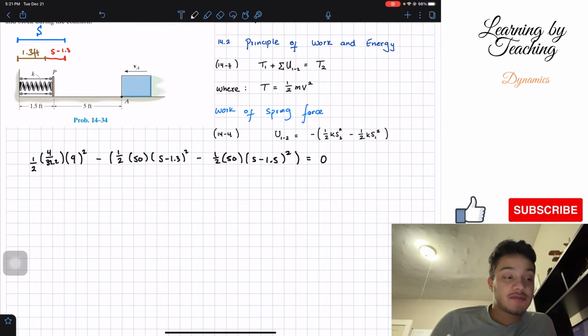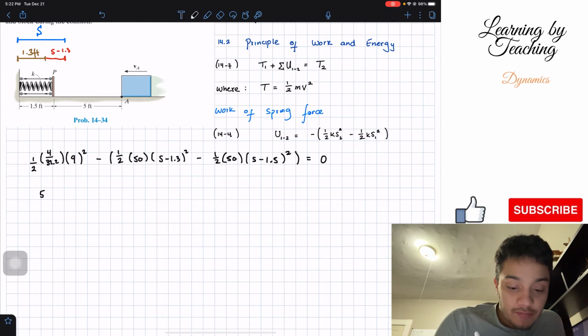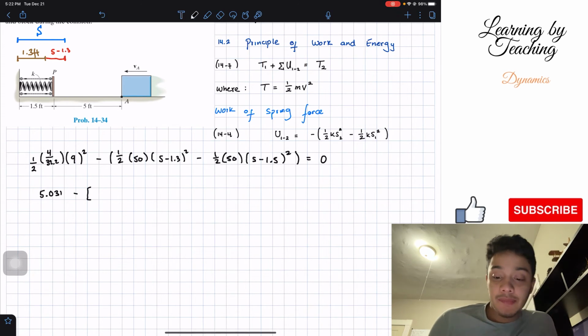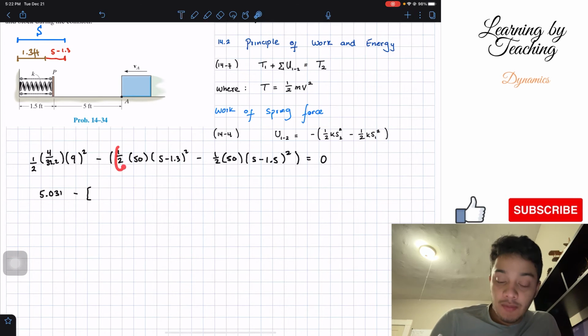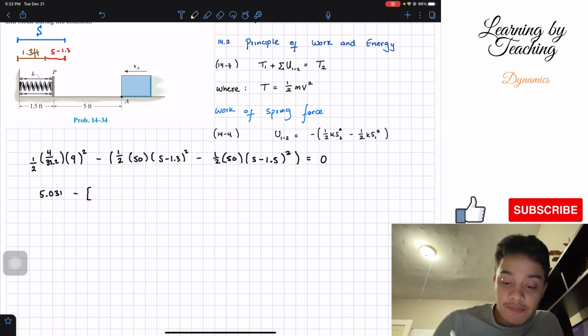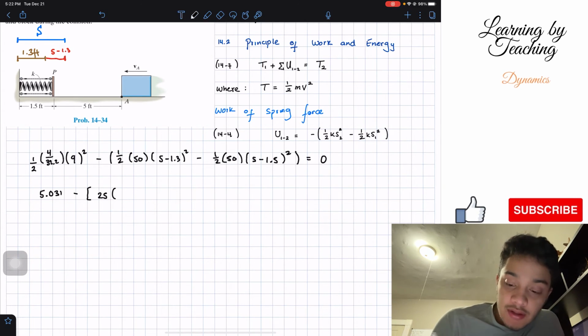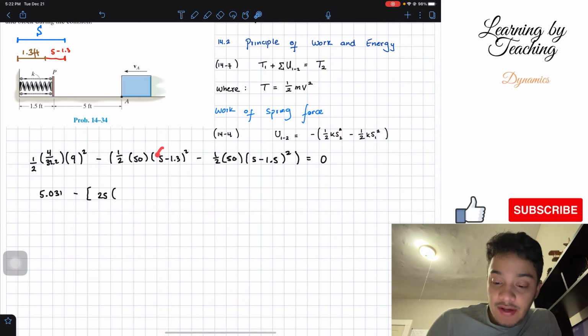Let's simplify this first number, 1/2 times 4 over 32.2 times 9 squared. This will give me a total of 5.031. Then we have minus, I'm going to open a big bracket. If we multiply the 1/2 with 50, will give me 25. And then we have a difference that is being squared.